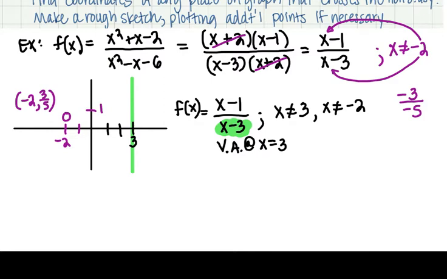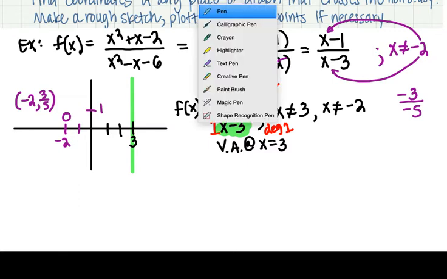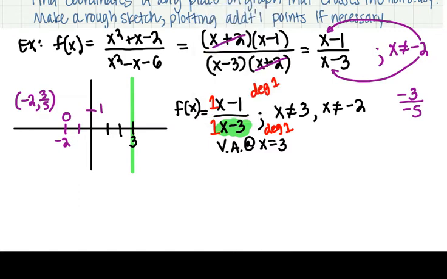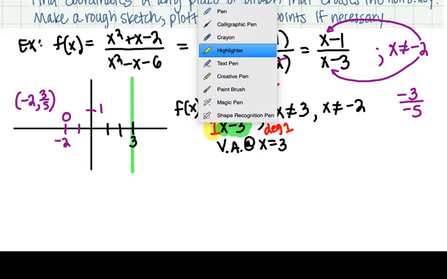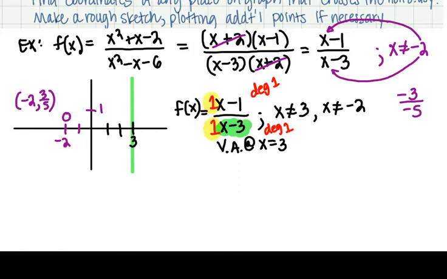I have a leading coefficient of 1 and a leading coefficient of 1. I have a degree 1 in the numerator and I have a degree 1 in the denominator. That tells me that, because I have the same degree, my horizontal asymptote is going to be y equals 1.